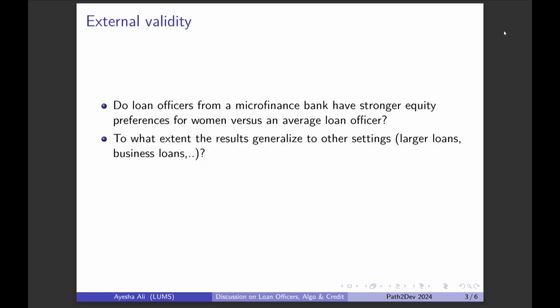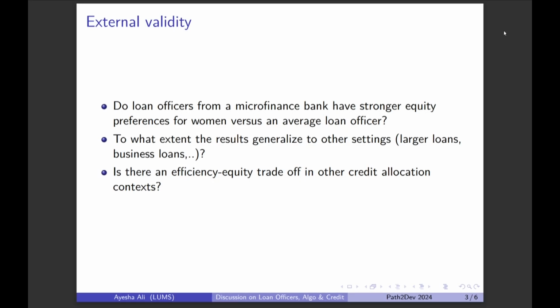Of course, you cannot go back and redo the experiment. It would be interesting to reflect on this point a bit, and then to think a bit more about to what extent results might also generalize if you had different loan samples, right? If you're looking at very small loans, this is an important kind of loan for consumption smoothing, but there are other types of loans, larger loans or loans for business purposes, and a discussion around that would be helpful.